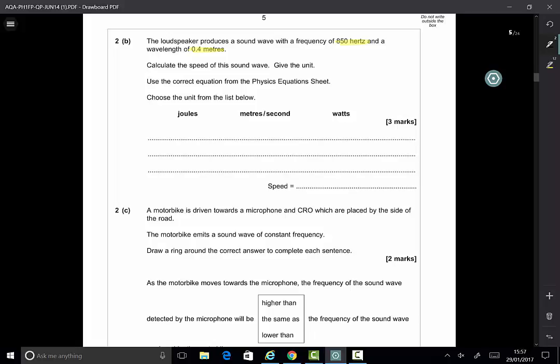Let's start with the easy bit. Remembering the unit, speed is measured in meters per second. So once we've got that, we can look at our equation sheet and find out what the equation is. Wave speed is equal to frequency times wavelength.